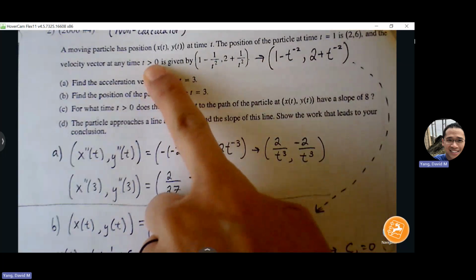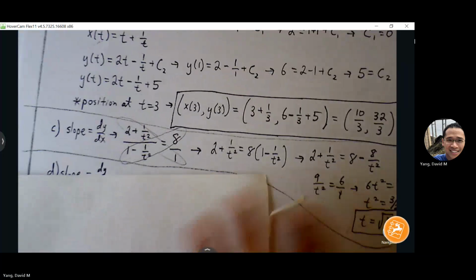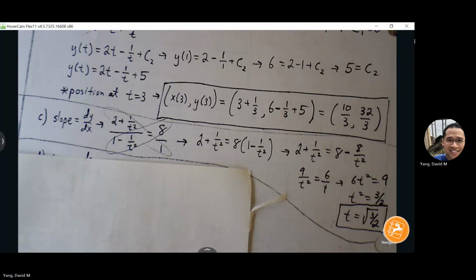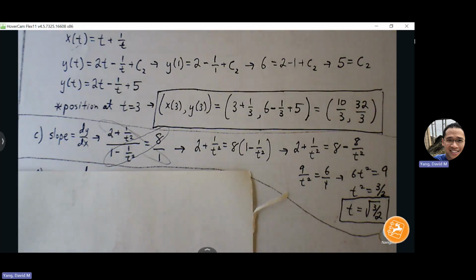We have time t greater than 0, which prevents us from using the negative value. Any questions, part C?